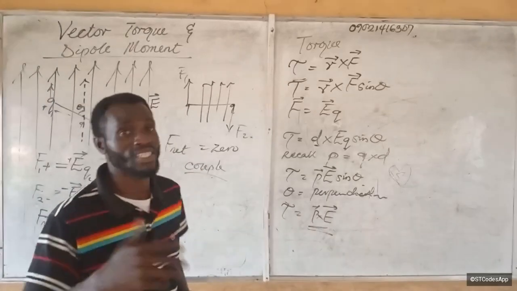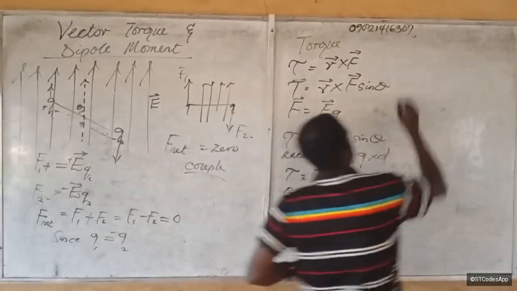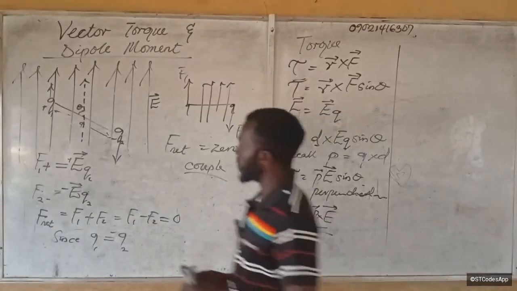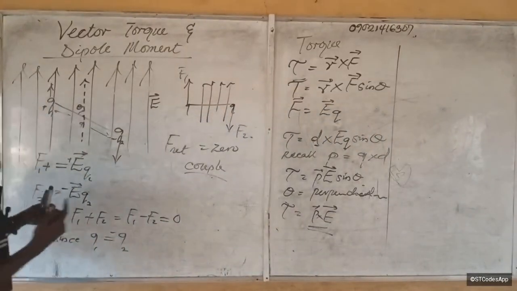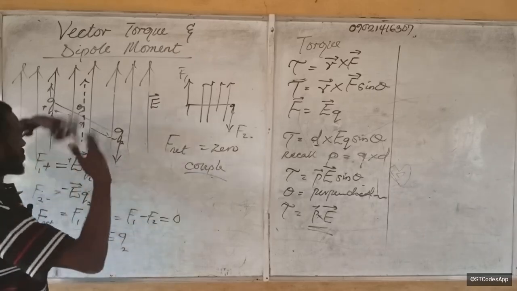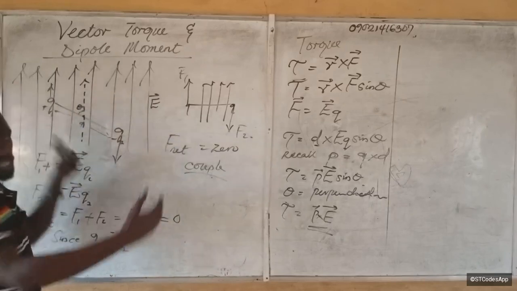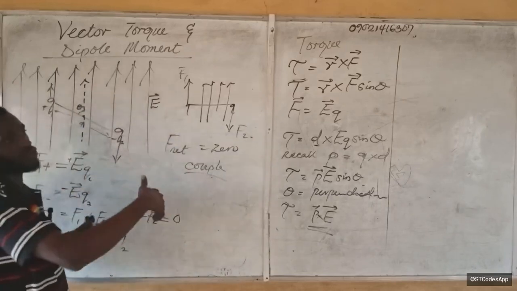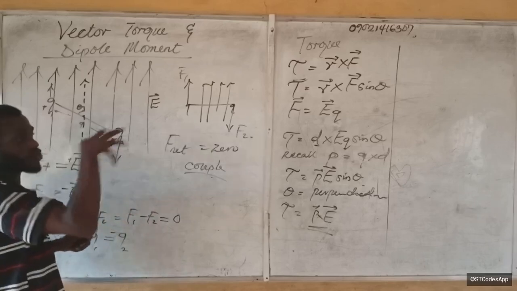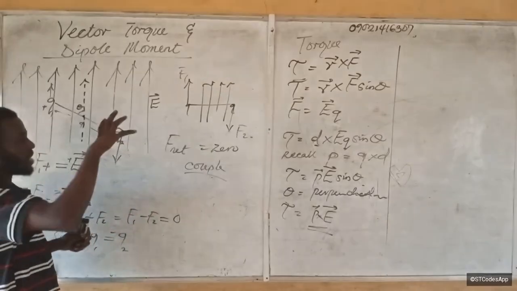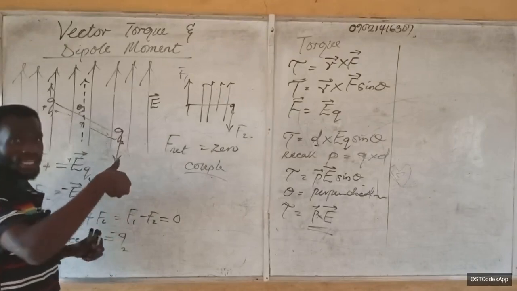I said I wanted to explain the potential energy. Now, since our dipole exists in a uniform electric field, it's going to have potential energy. Why? Because the torque will cause it to rotate.